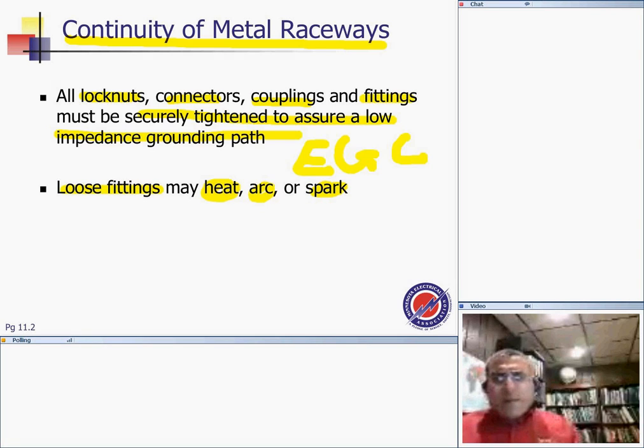It does carry current: the conduit, the connectors, the couplings, and the lock nuts will carry current only if you have a short circuit or a ground fault, and they will take the ground fault current all the way back to the source. Any questions? So that rule applies to all the conduits, all your metal conduits.